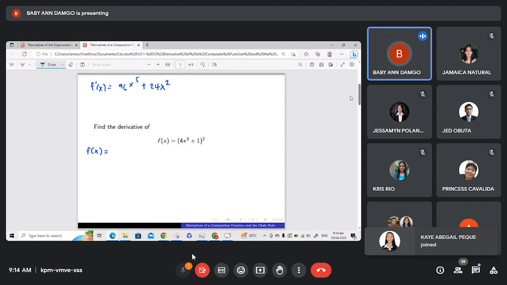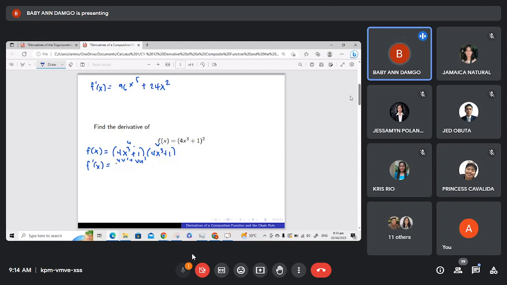We can write this as 4x cubed plus 1 times 4x cubed plus 1. So the derivative of this, this is u and this is your v. We can use the product rule: u v prime plus v u prime.